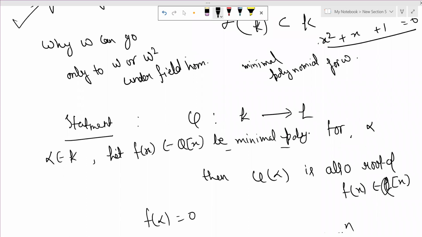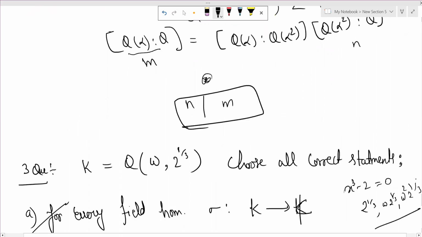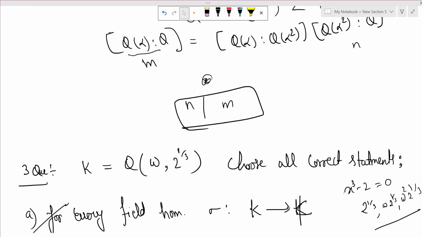Then phi(alpha) belonging to L is also a root of f(x) belonging to Q[x]. Yeah, this is the statement. Now it is in a nice way.